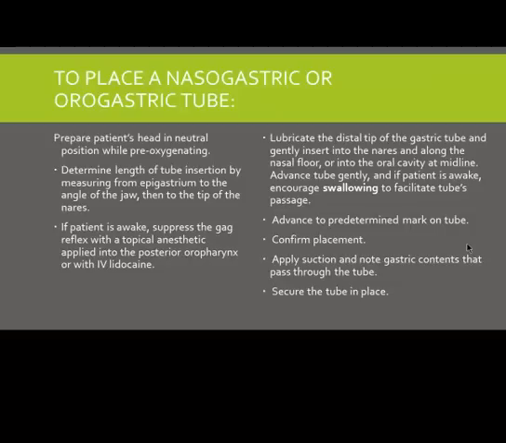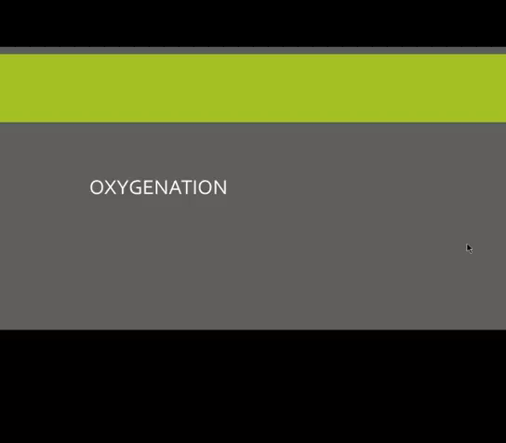This is going a little bit farther than what we need to, but just FYI, if you put that tube down and you get that gastric content back up, you don't want to rapidly suck it out, because that's going to affect their pH balance. All right, because where is the most acidic environment in the body? The stomach. So if you suck that acid out, that's going to affect their pH, which in turn is going to affect everything else. Okay?